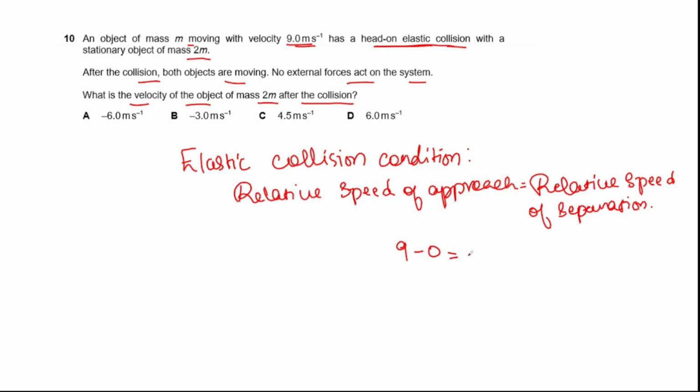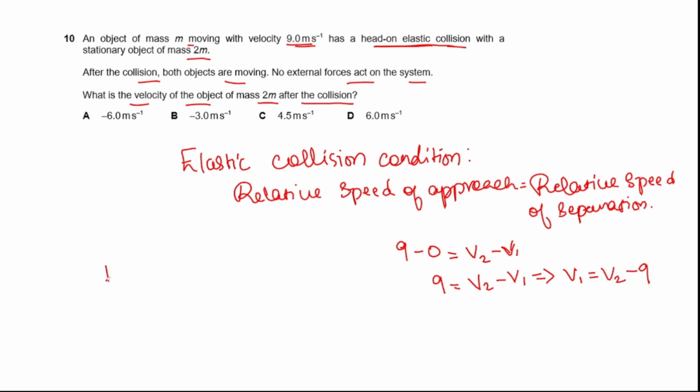Then it is equal to the relative speed of separation. Since the stationary one is the heavy one, both are moving, but they must be in opposite directions, so we can assume like this. So 9 is equal to v2 minus v1, or v1 is equal to v2 minus 9.